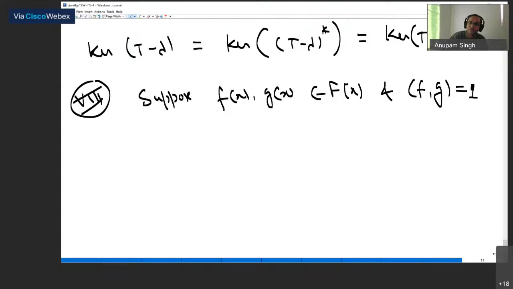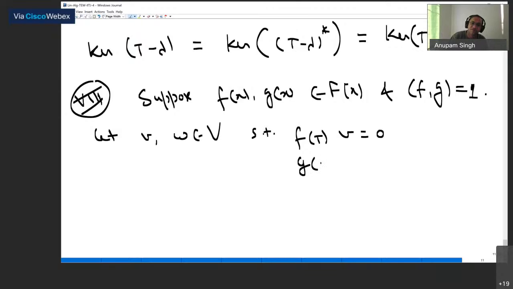And I find vectors v and w in V which are killed by f and g respectively. What does that mean? That means if I apply f(T) on v, I get 0, and if I apply g(T) on w, I get 0.